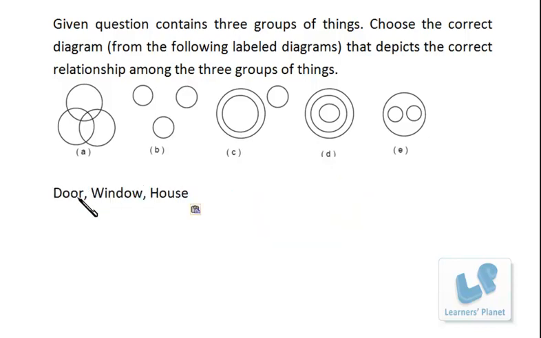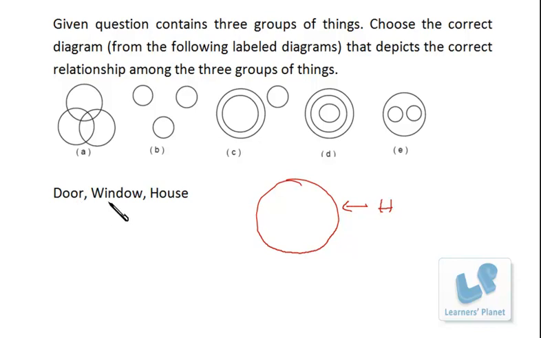Now next is door, window, and house. Doors and windows, both of them are part of a house, right? So the house will be the superset, that is this circle. Now doors and windows are disjoint sets, because a door cannot be a window and a window cannot be a door, but both of them are in the house.